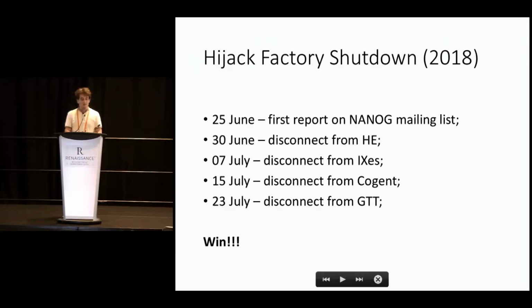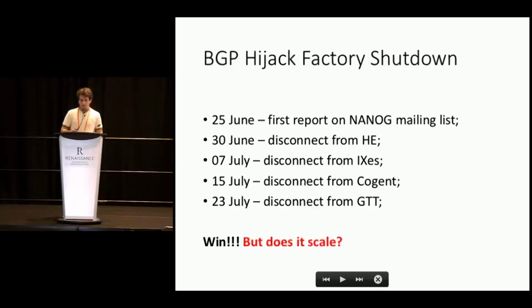So when the community showed its power, it was able to disconnect the attacker. But does it really scale? Imagine that we have not one attacker, but 2, 3 or 4, maybe 100 attackers simultaneously. And by the way, this attack was not smart at all.